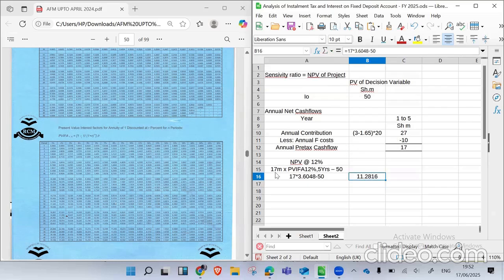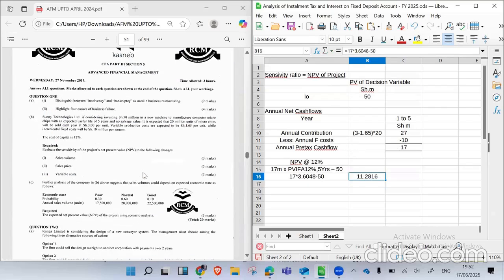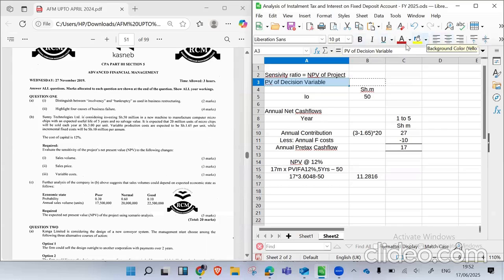That's the first step. Now, we are guided by what we are looking for: evaluate the sensitivity of the project. In evaluating the sensitivity of the project, tukasema kuwa we use the sensitivity ratio, which is the NPV of the project divided by the present value of the decision variable. Now we have the NPV. Now we need to look for the present value of each of the decision variables.